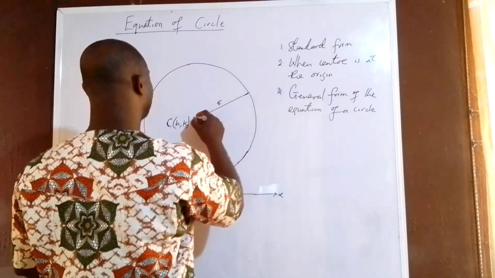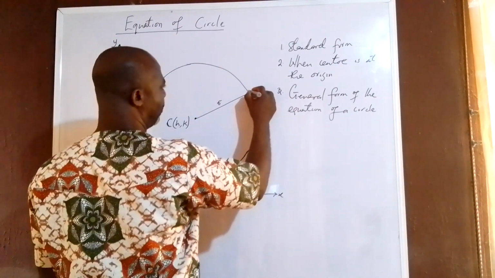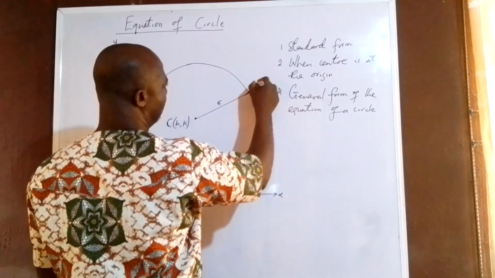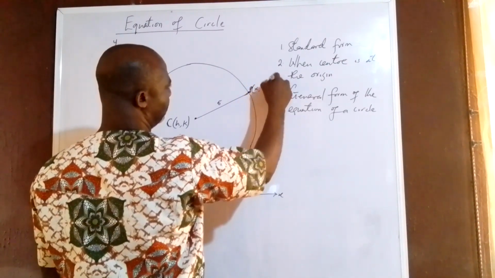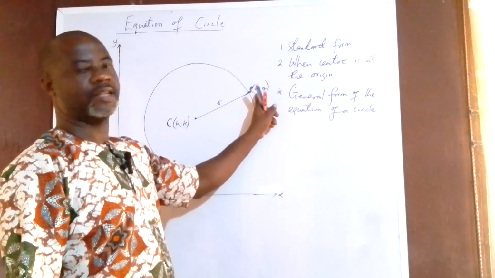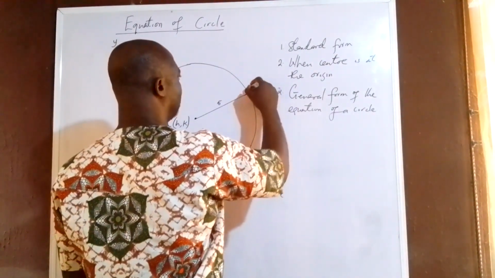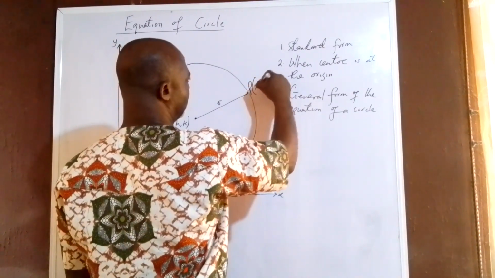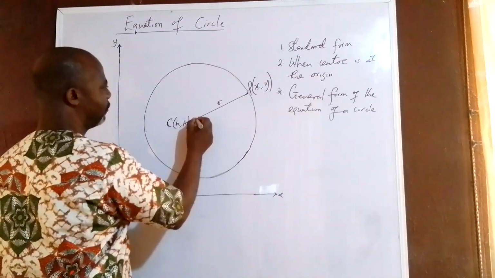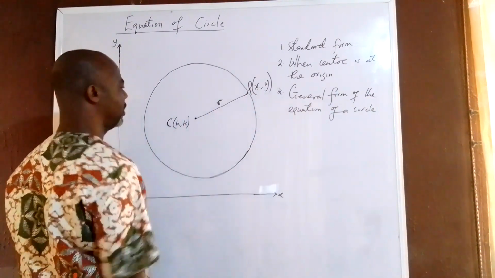This is the radius from the center to the point P, coordinate X and Y. The coordinates of this point P on the circumference is XY. Okay, so we are going to look for the equation of this circle.